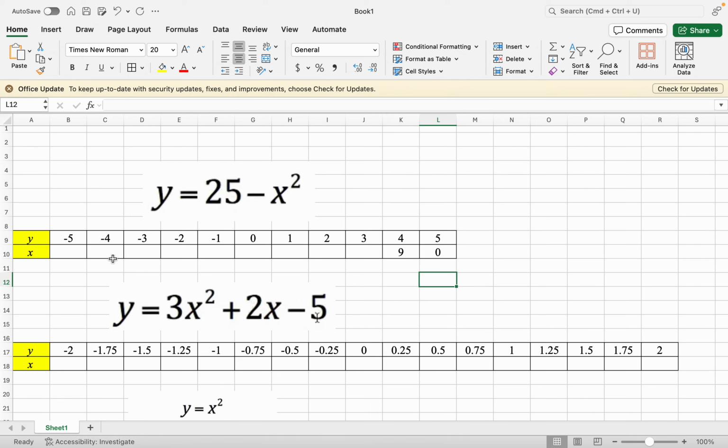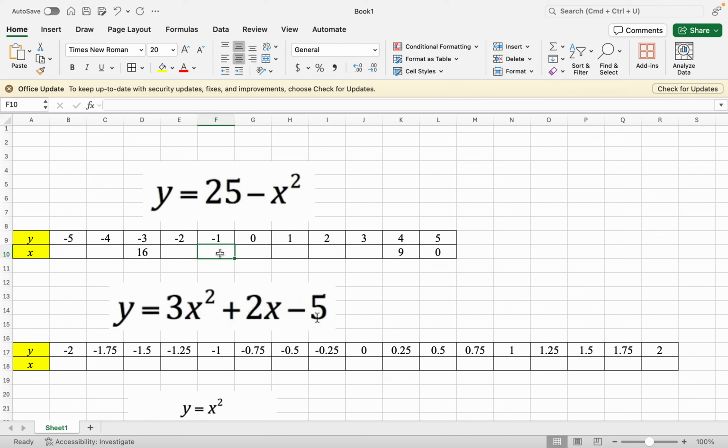You've got to be careful with the minus numbers. For example, when x is 3, 3 squared is 9, and minus 3 squared is also plus 9. So you get 25 minus 9, which is 16.